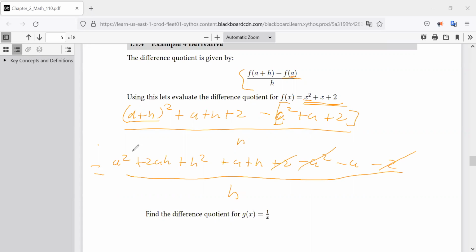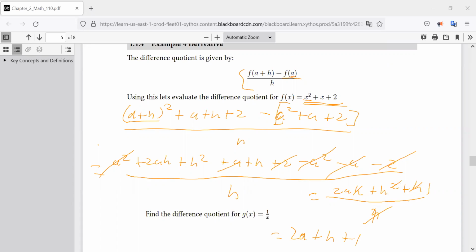This minus a squared cancels with this positive a squared. Minus a cancels with this plus a, and we're left with 2ah plus h squared plus h all over h, right? And now we can simplify this a little bit. We can cancel this h with one of these h's, which becomes 1. So this becomes 2a plus h plus 1.